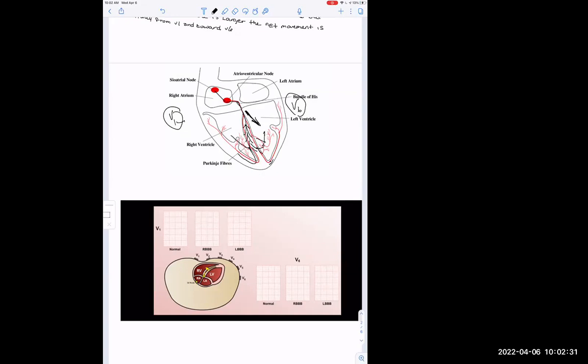And remember that these unipolar leads, these precordial leads, are one pole, and they're identified as positive unipolar precordial leads, right? So using what we know about axis, if we have a vector moving away from V1 towards V6, what type of deflection do we expect to see in V1 in the normal cardiac cycle?